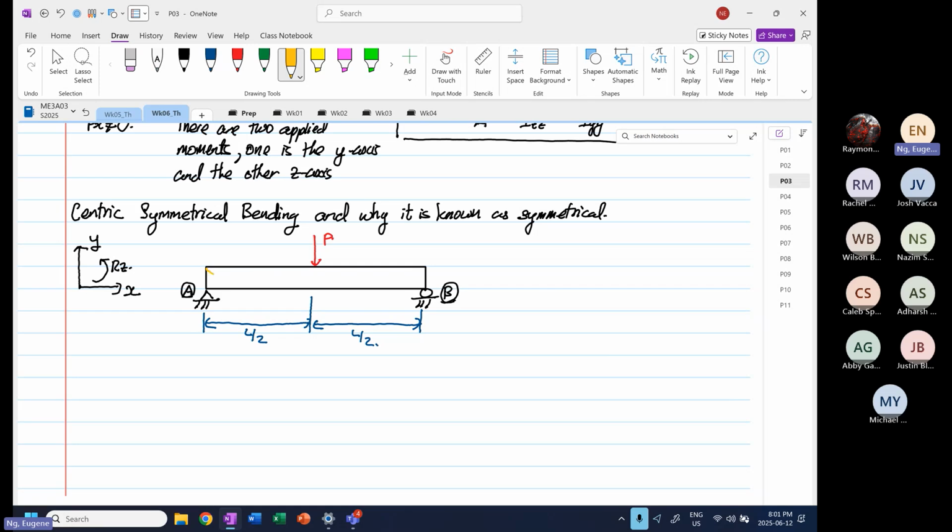The deformation pattern. Okay, that is the, I'm going to write down here. That is the deformation pattern.